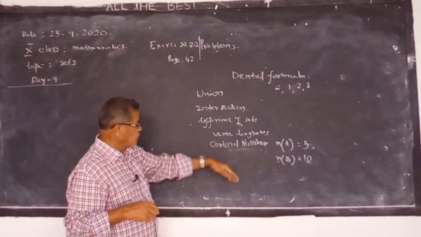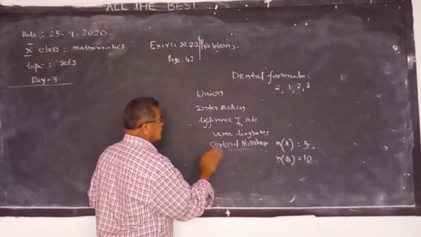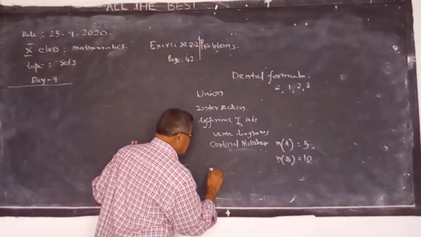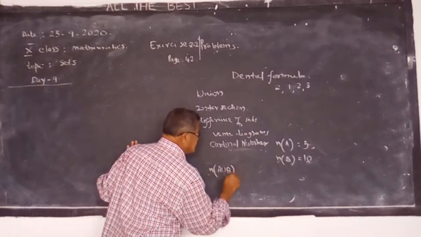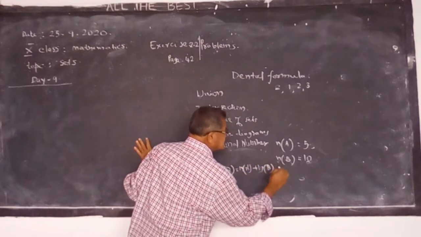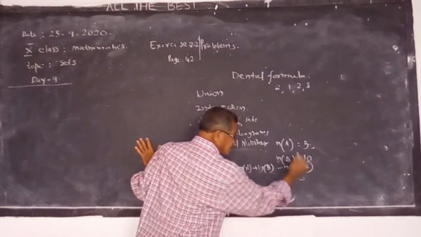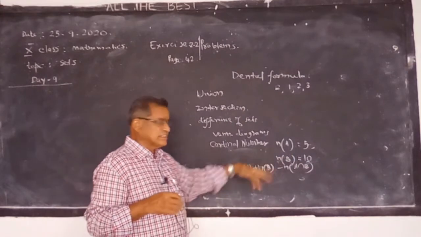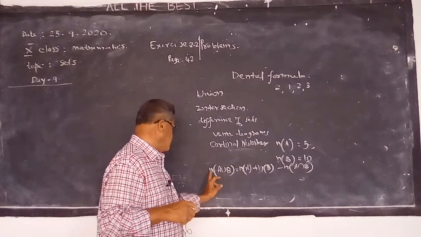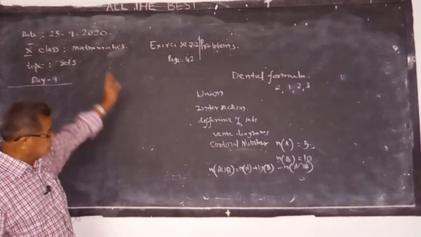We also discussed the relation between union and intersection of two sets A and B: n of A union B is equal to n of A plus n of B minus n of A intersection B. This is the relation with cardinal numbers.